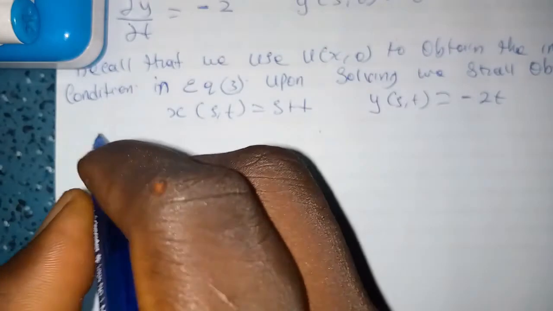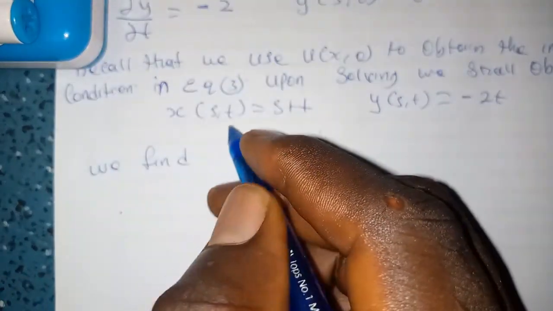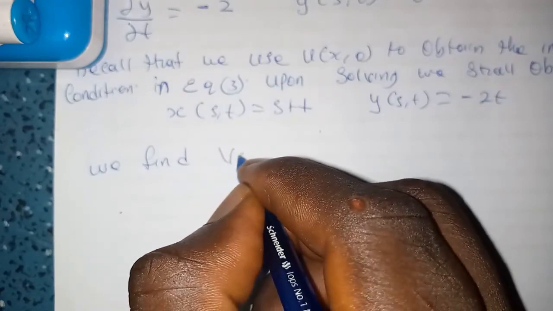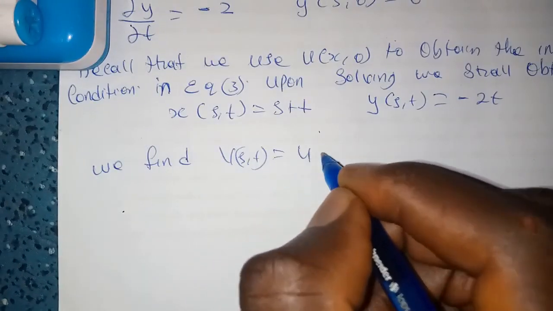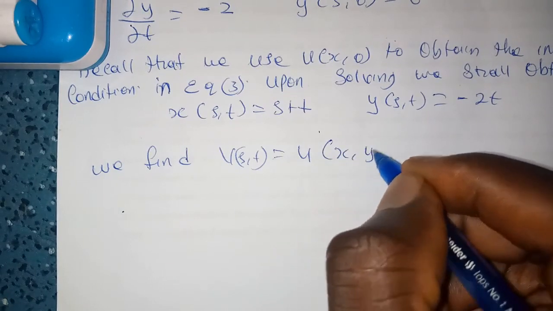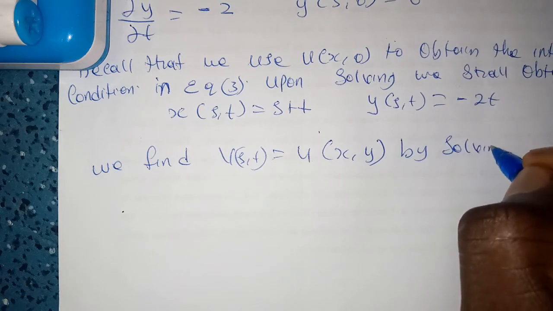So then we find v of s comma t equals u of x comma y by solving.